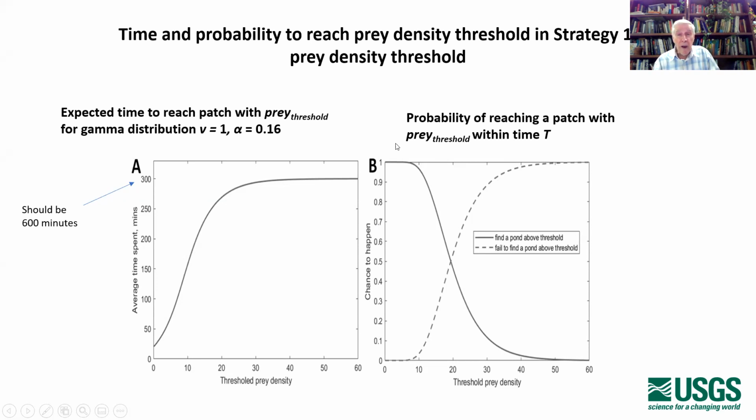But the probability of actually reaching these prey densities goes down pretty fast. So it's fairly high for fairly low prey densities, and it starts to go down pretty fast. For example, if the wading bird has a prey threshold density of about 20, it has a 50% chance of reaching it, and could probably reach that in about 250 minutes. So that's our first theoretical result.